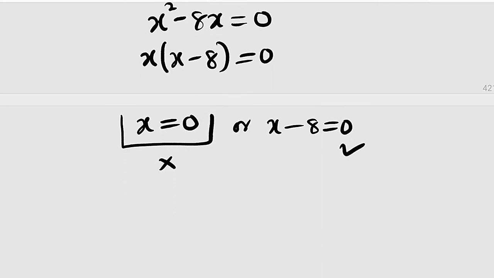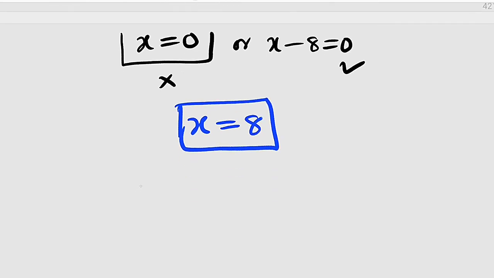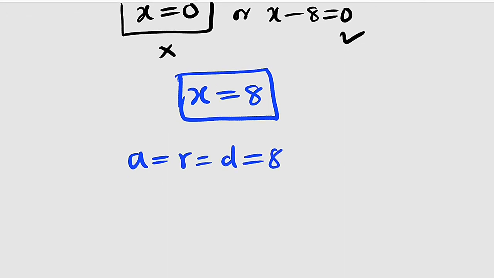If X minus 8 is equal to 0, it implies that X must be equal to 8. And remember, we said that A is equal to R, also equal to D, equal to 8. This implies that A is 8, R is 8, and D is also equal to 8.